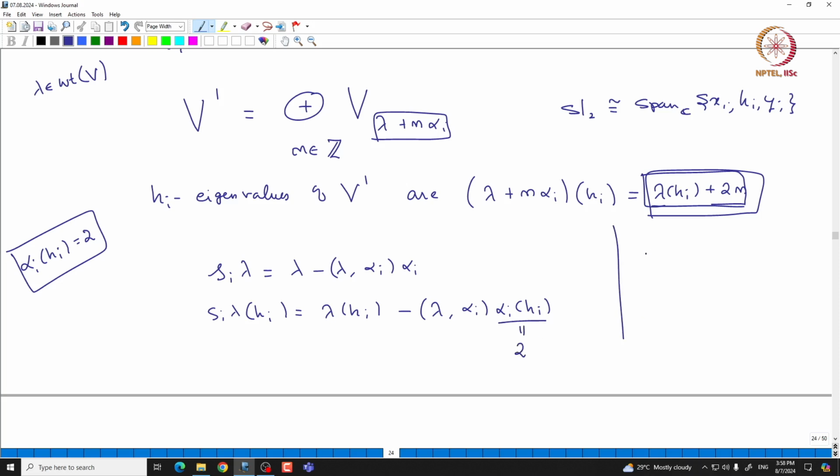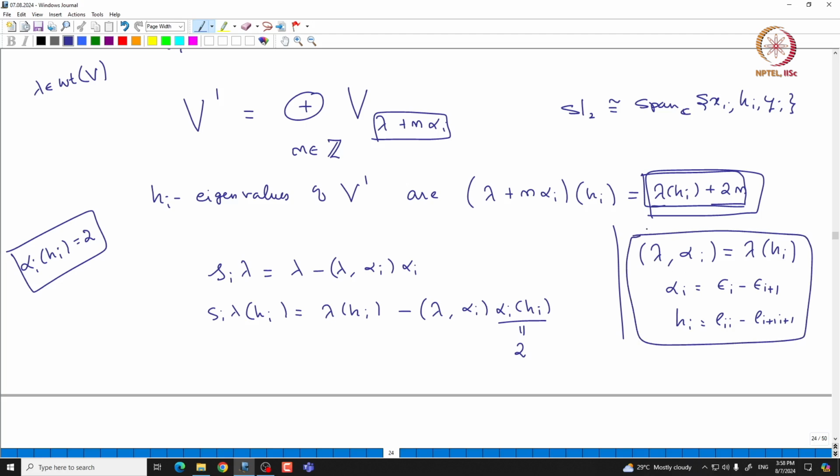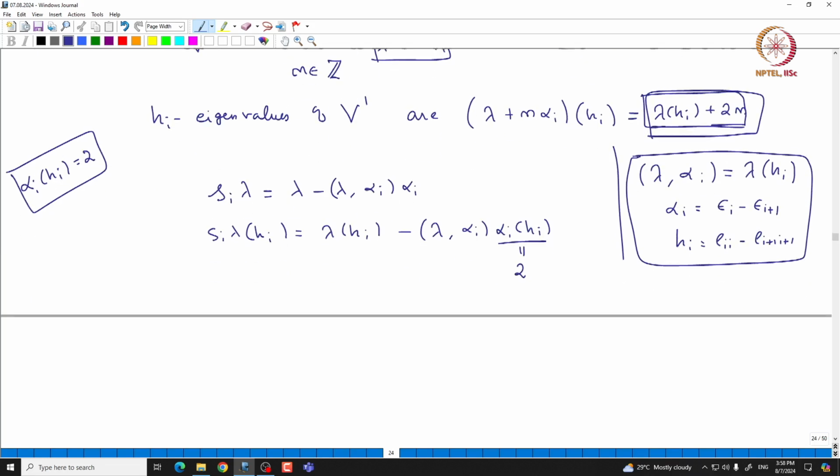If you do the computation in the epsilon basis, with alpha_i equal to epsilon_i minus epsilon_{i+1} and h_i being E_ii minus E_{i+1,i+1}, you can easily verify that lambda of h_i is equal to the inner product of lambda with alpha_i. So this is exactly equal to minus lambda of h_i. So s_i(lambda) of h_i is nothing but minus lambda of h_i, which is obtained by taking m to be minus lambda of h_i.